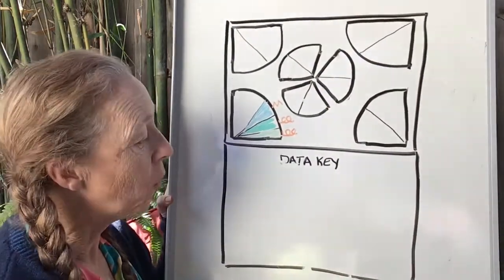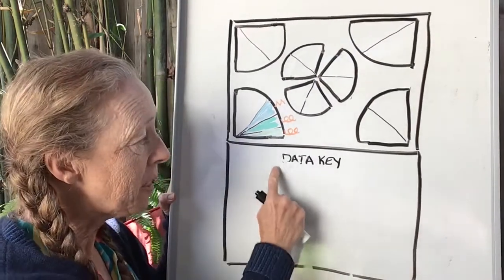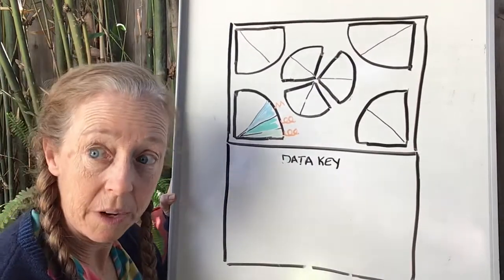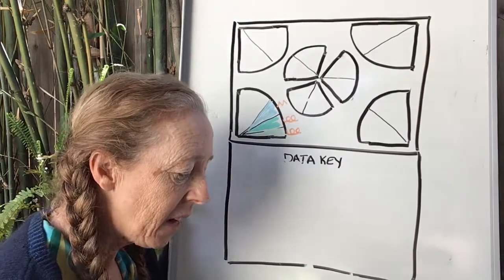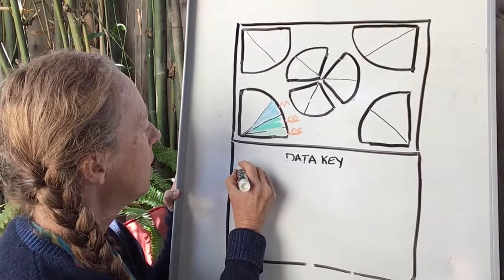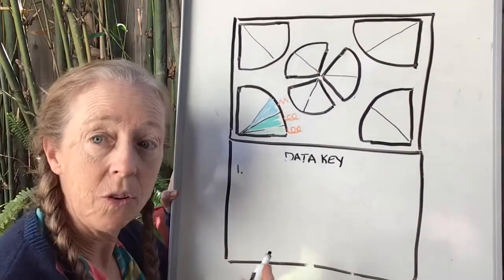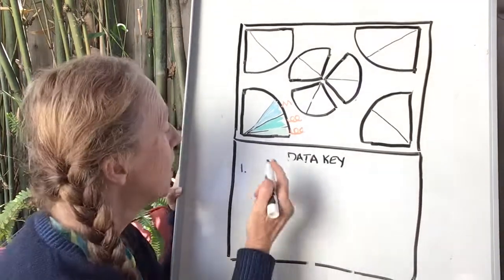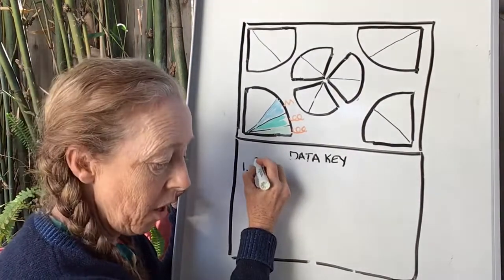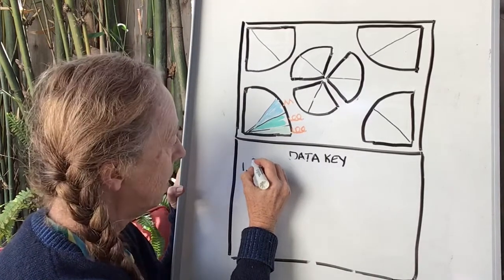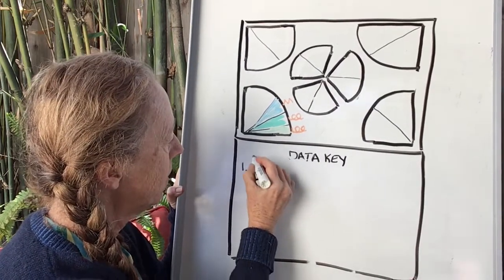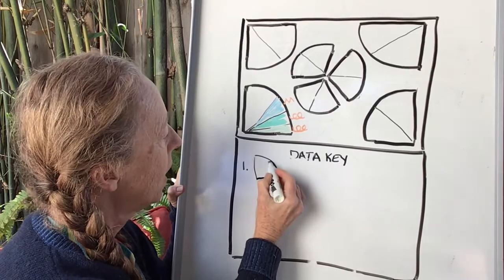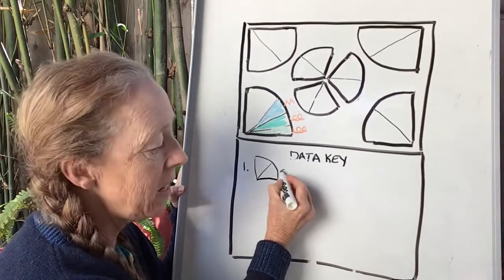Okay? So on the data key, the number one thing you want to do is the title, which we already have. And then next you're going to do a number one, and you're going to identify the fan and what the fan represents. So you're going to draw a fan. In this case, it's going to look like this. And then you're going to put what that fan equals.